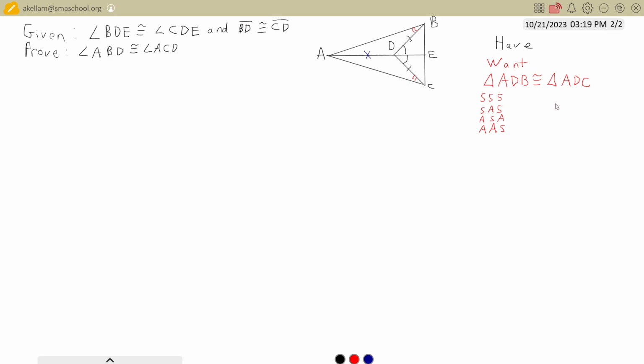I'll add that to the diagram. I have that AD is congruent to AD, and that is the reflexive property.